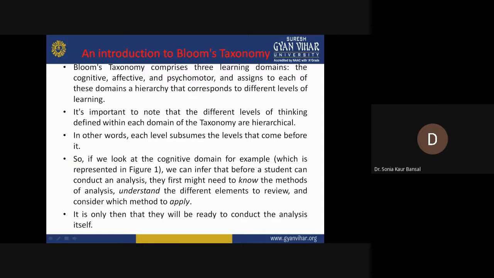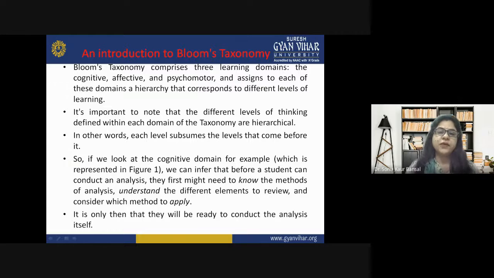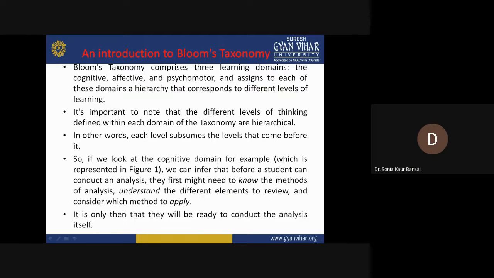In full, it is Bloom's taxonomy of learning domains. Learning domains are, strictly speaking, Bloom's taxonomy of educational objectives. The first part was initially published in 1956 under the leadership of the American academic and educational expert Dr. Benjamin S. Bloom.